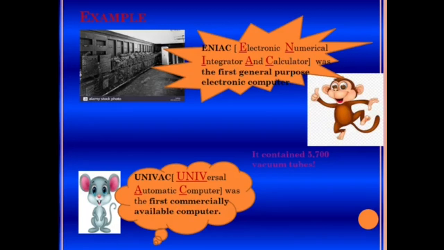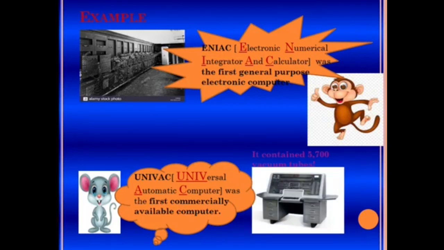And it contains 5700 vacuum tubes. The second example is UNIVAC. The expansion of this is Universal Automatic Computer, and this is the machine.